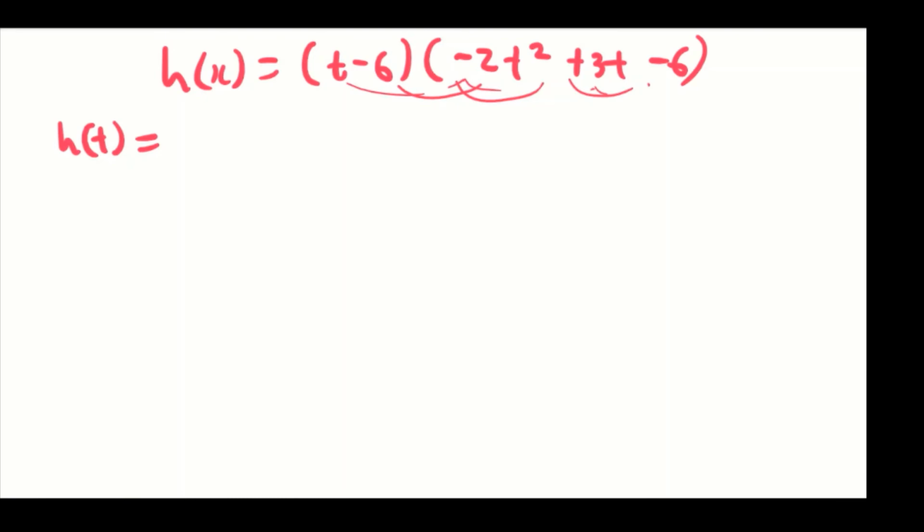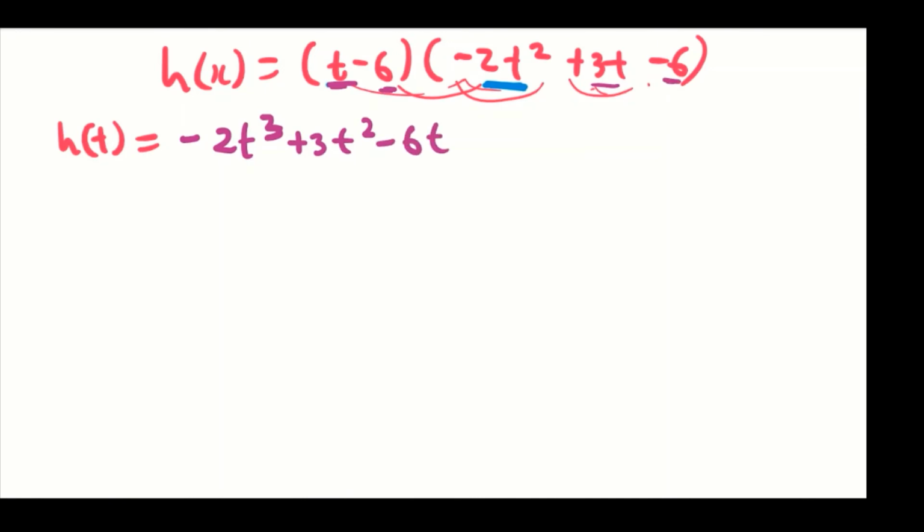So it's going to be this t multiplied by minus 2t squared, which gives minus 2t cubed, and then this t multiplied by 3t is plus 3t squared, and then t multiplied by minus 6 is minus 6t.